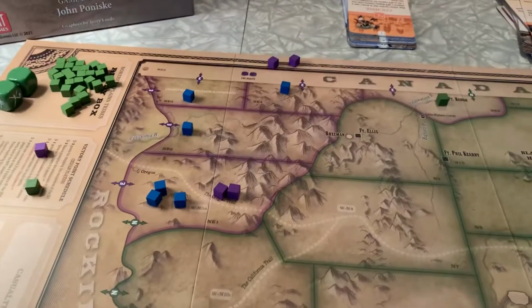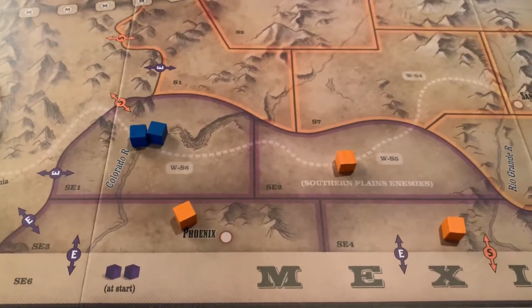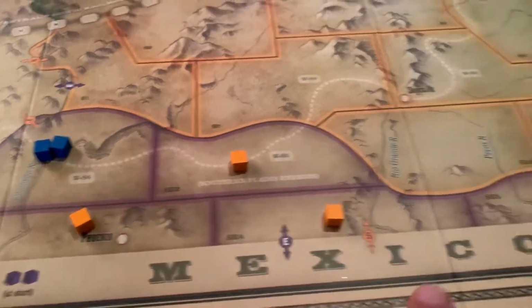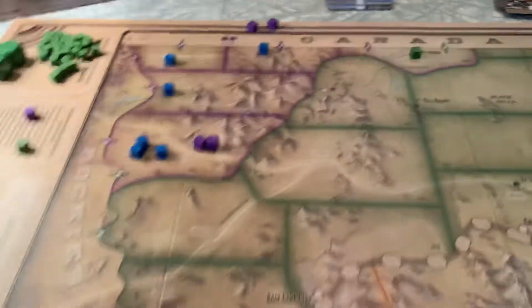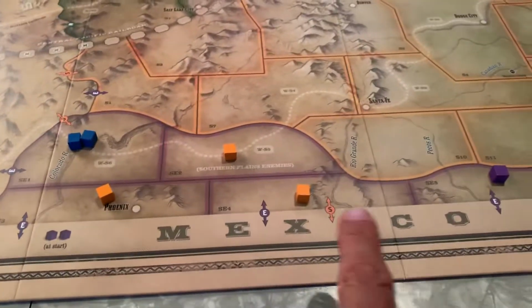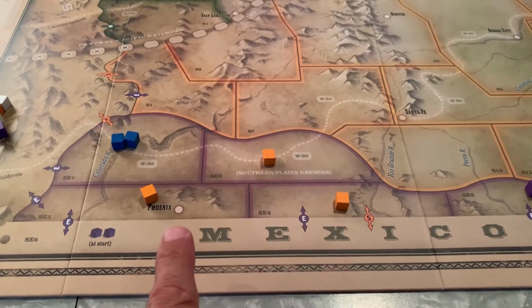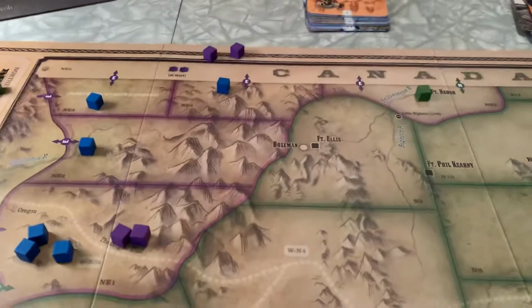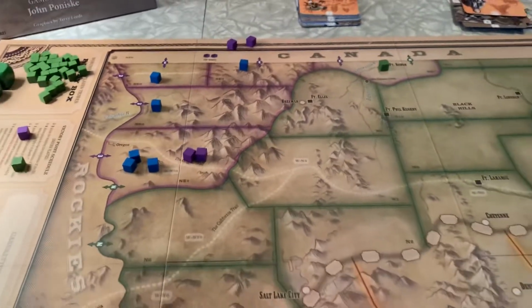So cavalry has 1, 2, 3, 4, 5 regions under control, and the Plains Indians have 1, 2, 3, 4. So 5 to 4. That's -3 points. However, they're going to pick up 3 points here, so it's going to cancel it out because they have a minimum of 3. They're not getting any additional points here. That's how the victory points work.